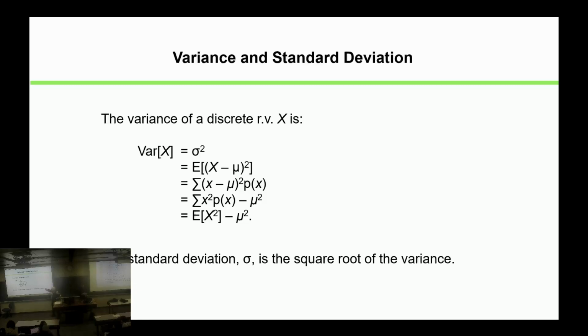So the standard deviation, sigma, is just the square root of the variance. You will see this a lot. Just keeping them straight: variance is the average squared deviation, and the standard deviation is the square root of the variance.